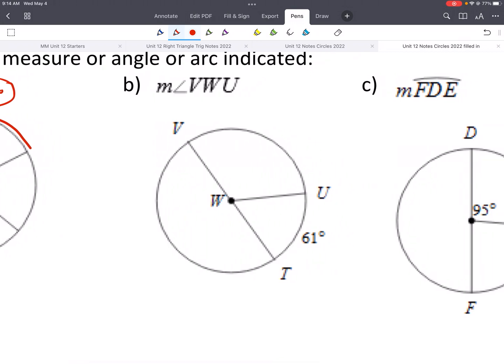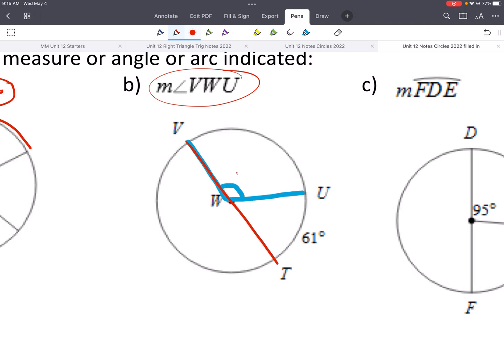Okay, but what do we know in order to solve this problem? Well, first off, maybe we should figure out what's being asked. So they're asking for angle VWU. So that's the angle made by these 2 lines. So we're looking for that angle. Okay. Also, we can notice that this is a diameter, which means that the whole semicircle is 180.